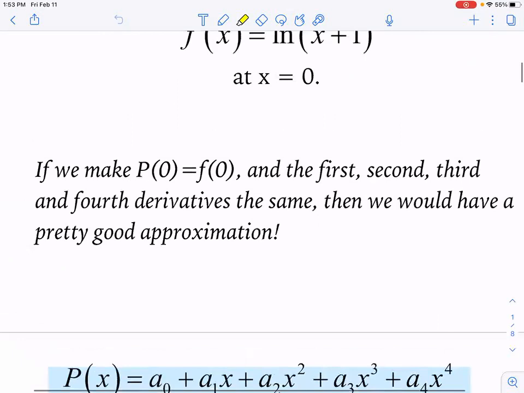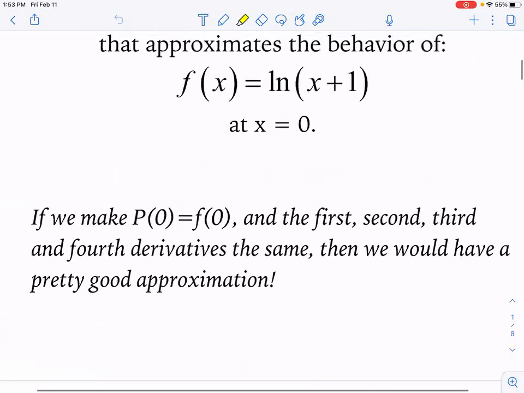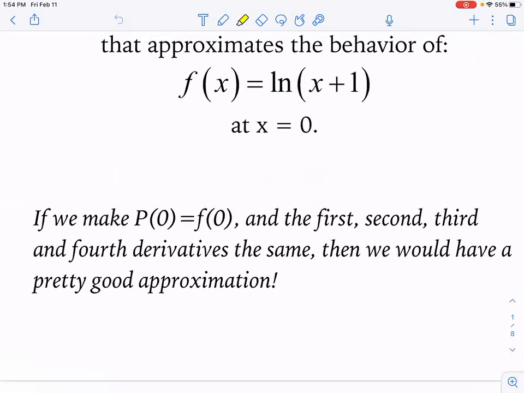We want p of 0 and f of 0 to be the same thing. We want the first derivative to be the same thing, the second derivative to be the same thing, the third derivative, the fourth derivative to be the same. That way, our curve looks like our natural log curve, at least right by 0.